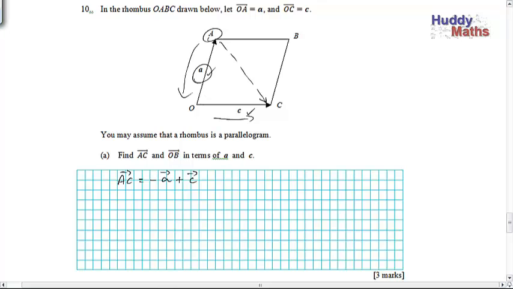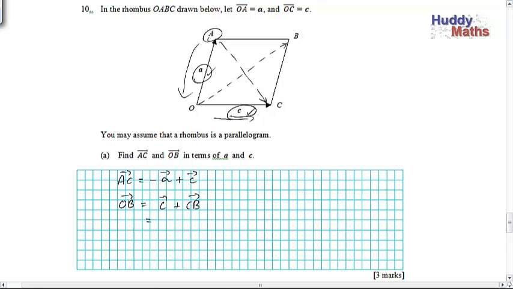OB, displacing O to B, is the same as coming around here, C there plus CB. And what do you notice about CB?